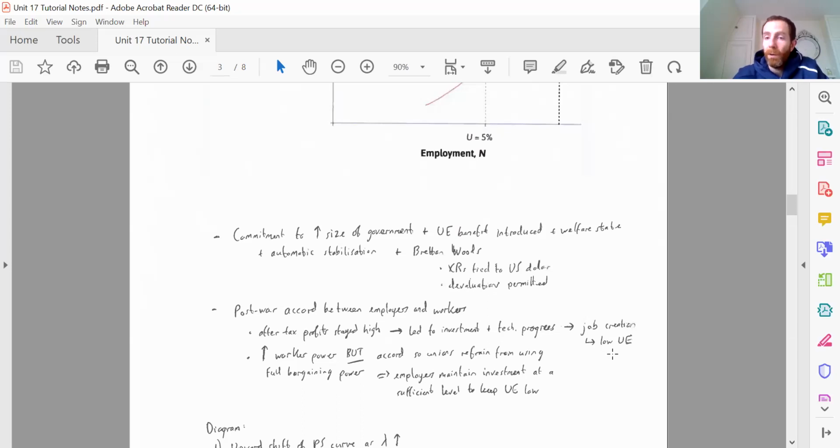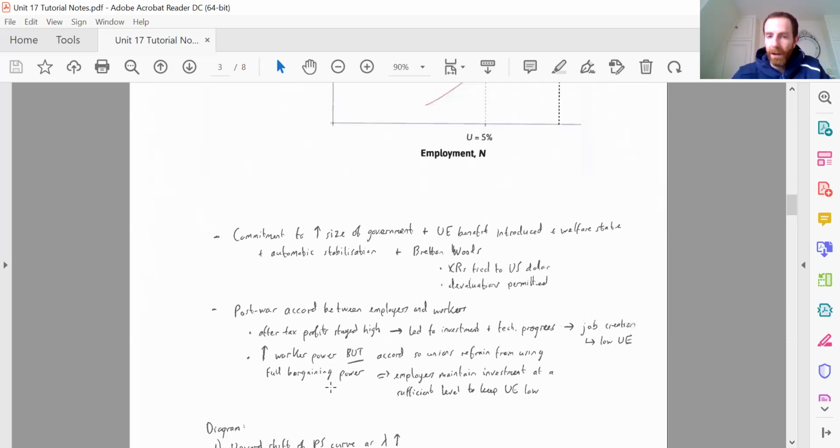Firms were able to maintain this flow because they were able to maintain relatively high profits. A big part of this was the post-war accord: although workers had increased bargaining power, and unions were getting involved, the unions refrained from using their full bargaining power, right?